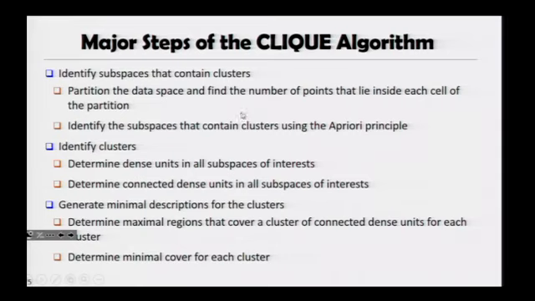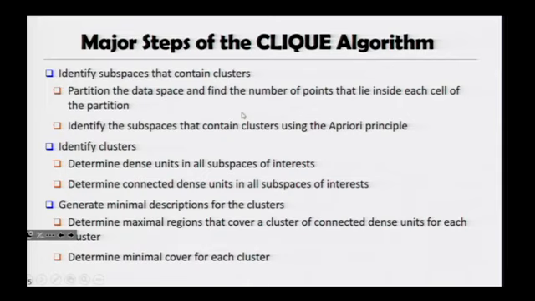So again, the major steps of the CLIQUE algorithm: first, identify the subspaces that will contain the clusters. The way they do this, they first use the grid-based idea: they partition the data space and then calculate the necessary statistical information within each cell. Then they can identify the subspaces that contain clusters using the a priori principle.